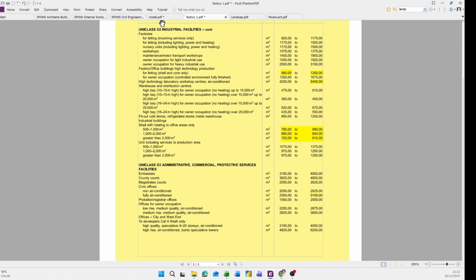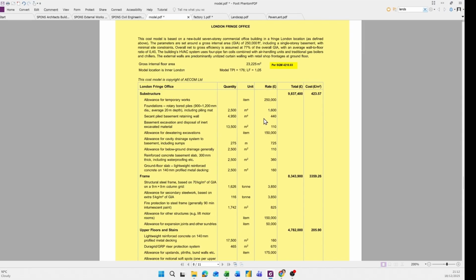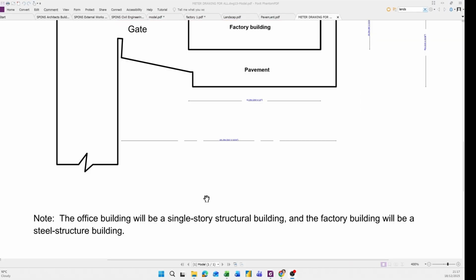And another historical data, this London office got per square meter more than 4000. We know the office building will be a single story structural building, so we need to consider similarly.